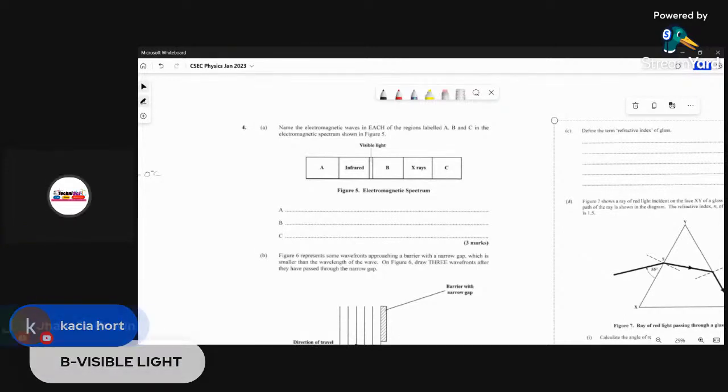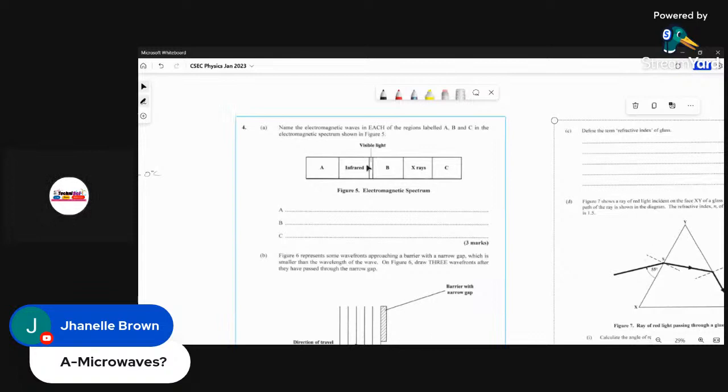So I'm seeing B, visible light. Look carefully. Visible light is already labeled. If you look here, this section is visible light.